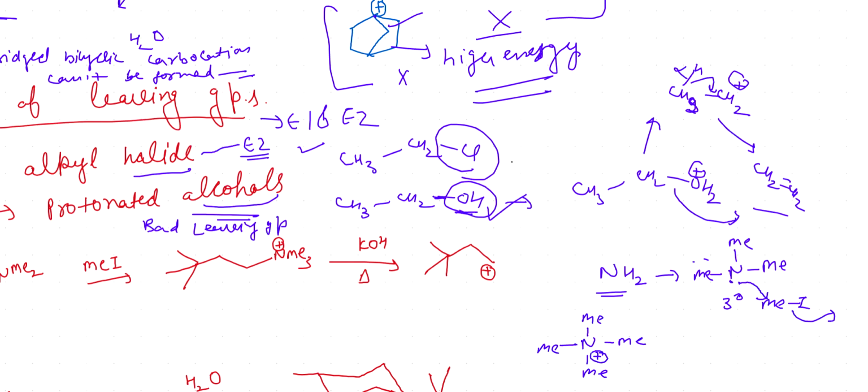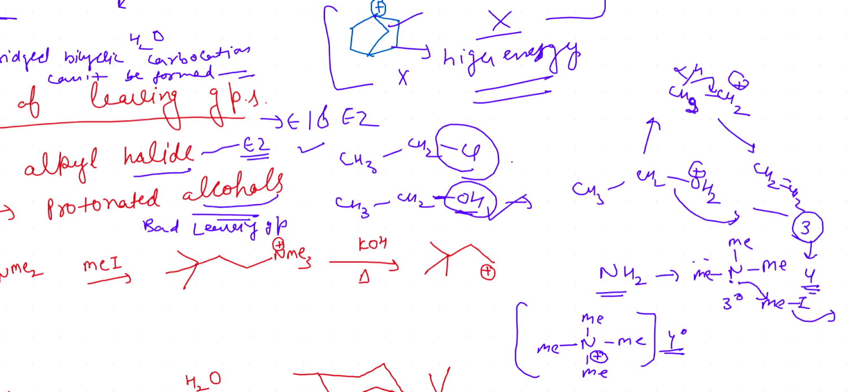This is our quaternary amine. In a quaternary amine, it is attached to four methyl groups. In a tertiary amine, it is attached to only three methyl groups. As nitrogen has a valency of three, it can form three bonds. But it can extend its valency up to four by losing its lone pair.